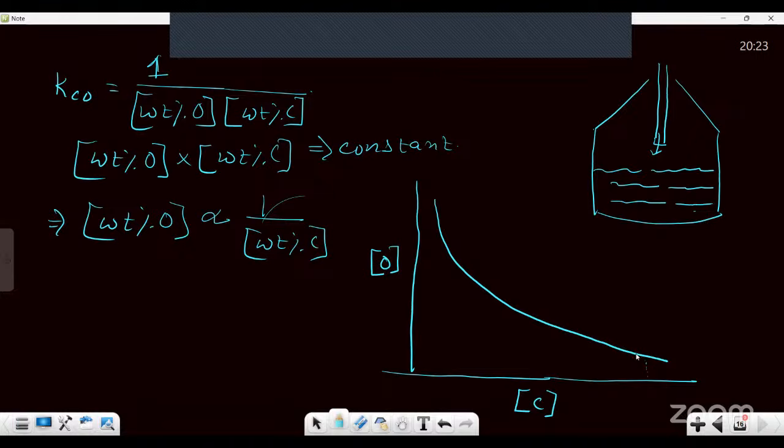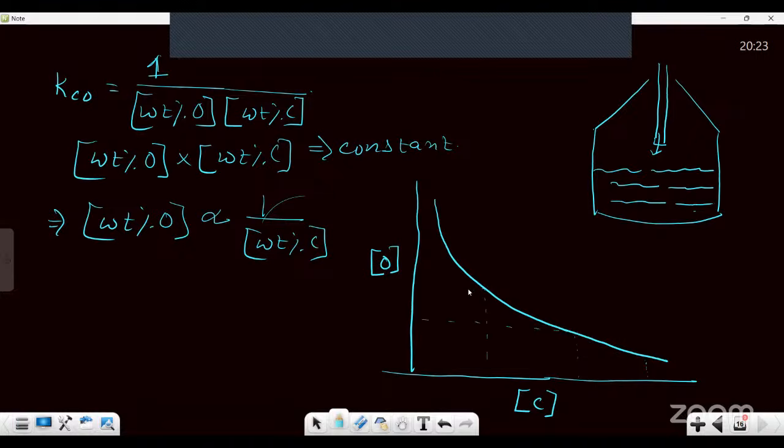But once the concentration of oxygen increases in the melt, as I am going up, the carbon is decreasing at a very high pace, a very, very fast pace. The carbon is decreasing, right?